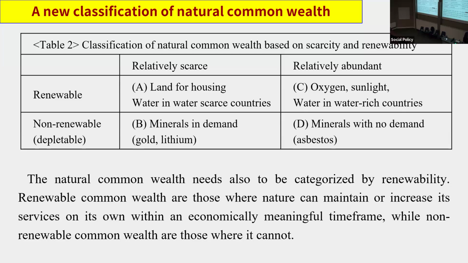Land for housing is relatively scarce but renewable, as it is fixed. Minerals in demand are relatively scarce and non-renewable. Oxygen, sunlight, and water in water-rich countries are relatively abundant and renewable. D is not important. We have no interest in D.